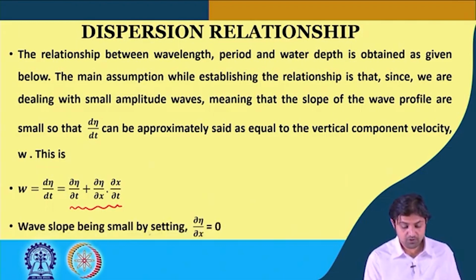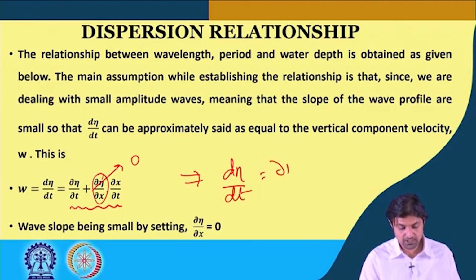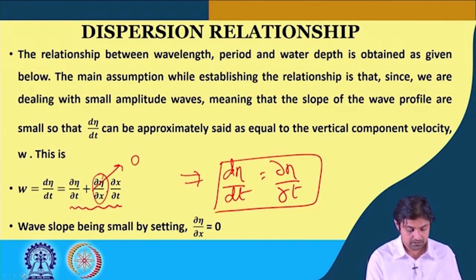Wave slope being small means del eta by del x is approximately 0, which implies d eta by dt is equal to del eta by del t.